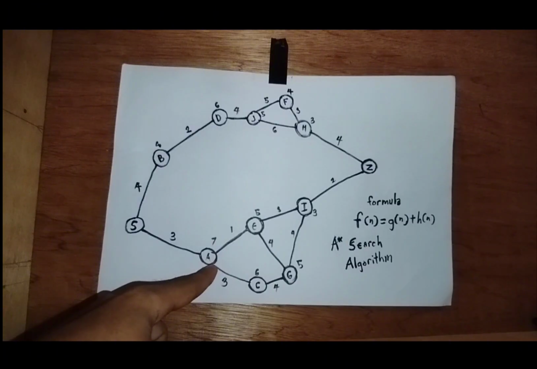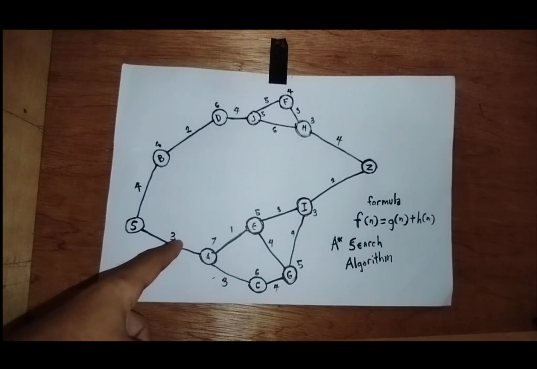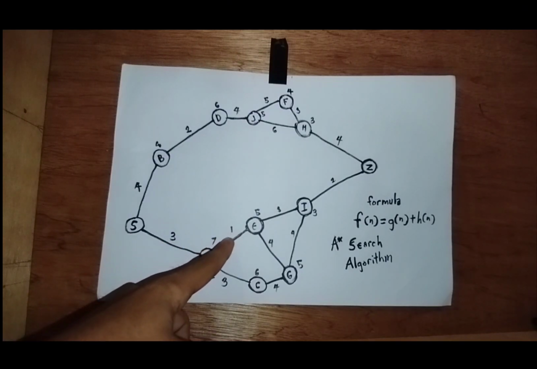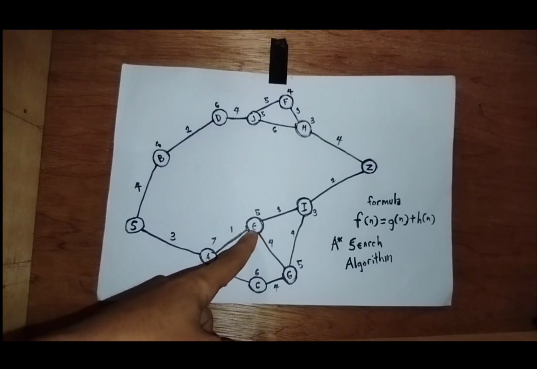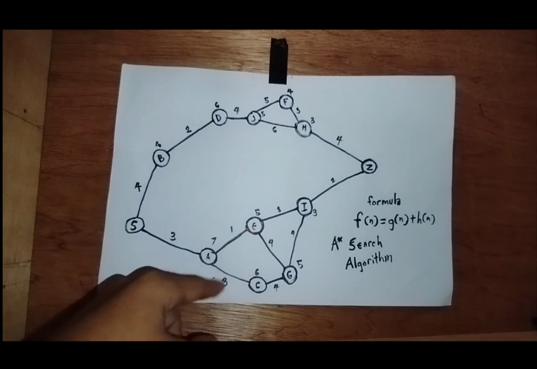Let's start with the A to E path. 3 plus 1 is equal to 4, plus 5 is equal to 9. This costs 8 points.